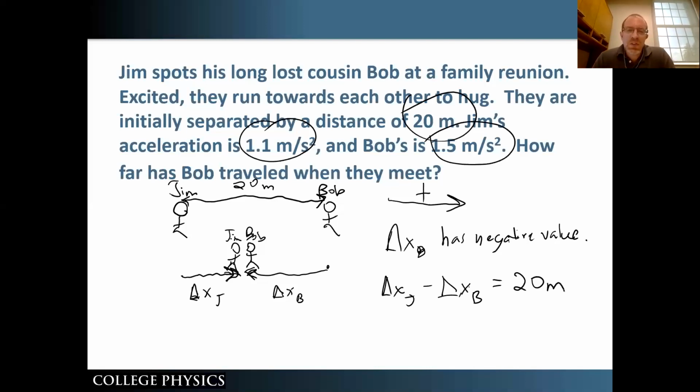Say Jim's displacement is positive 8 meters. Bob's displacement is to the left, so it would be negative 12 meters. We need a negative sign in front of Bob's displacement because we want our two numbers to add up to 20. So 8 minus a negative 12 is equal to 20. That's why there's a minus sign in there.